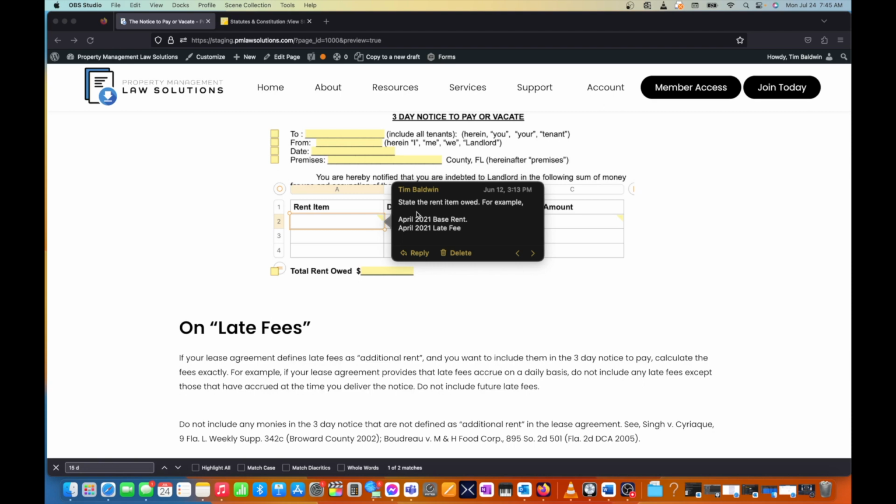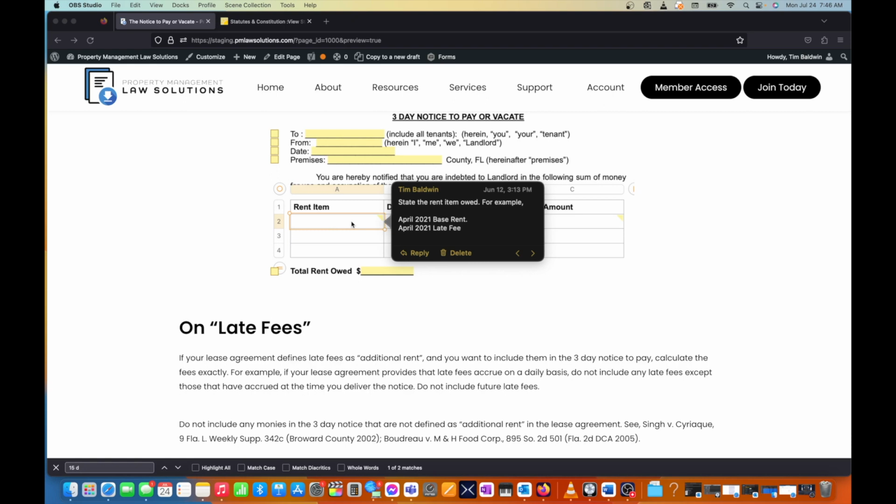There are some judges that if there's a lump sum and the tenant cannot identify really what the accounting is or understand what they're actually behind on, what rent amounts, some judges look at this differently. In our area of Florida that we have properties, Escambia County, Santa Rosa County, it's generally sufficient just to put in the lump sum amount rather than having to identify each individual item as an accounting method.